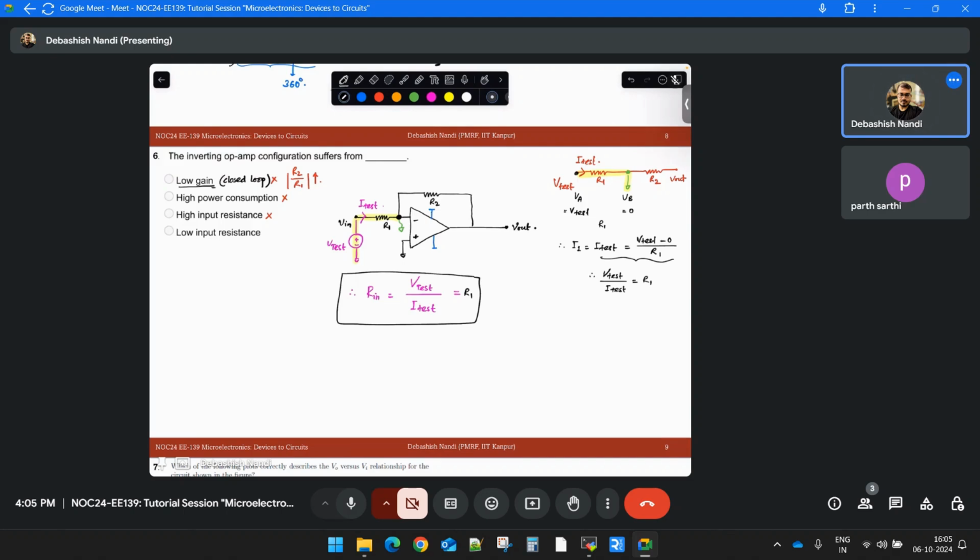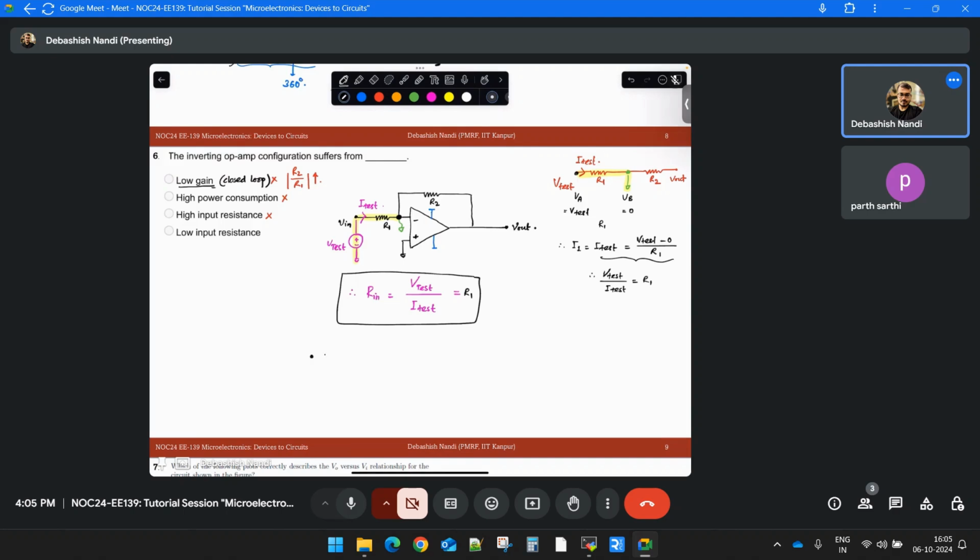So the current flowing will be V test by R1 only, and that R1 will appear as the input resistance. So instead of infinite resistance, R1 is your input resistance.